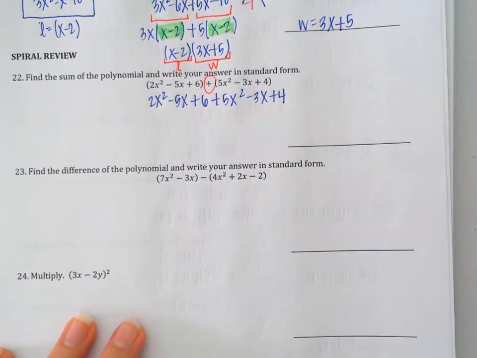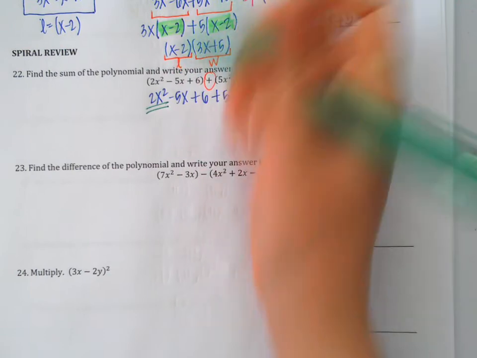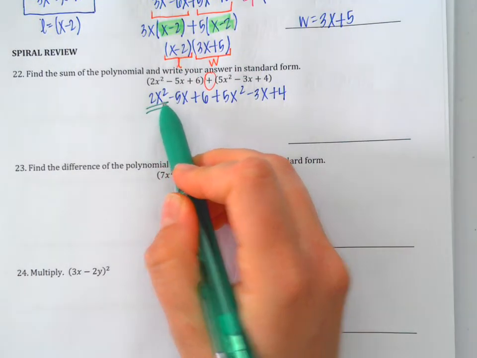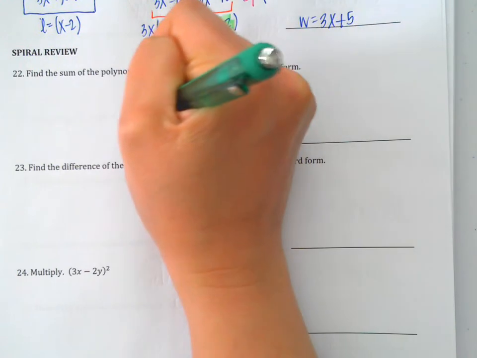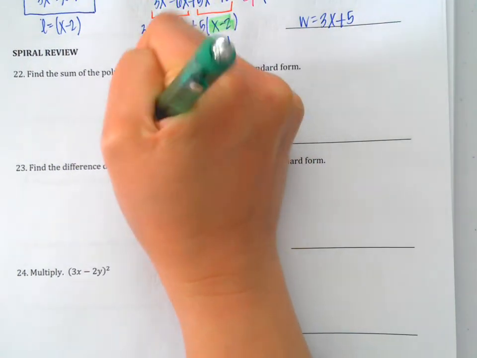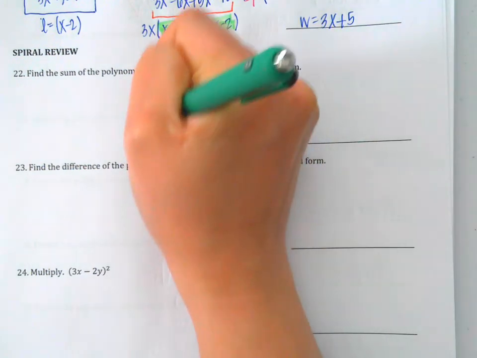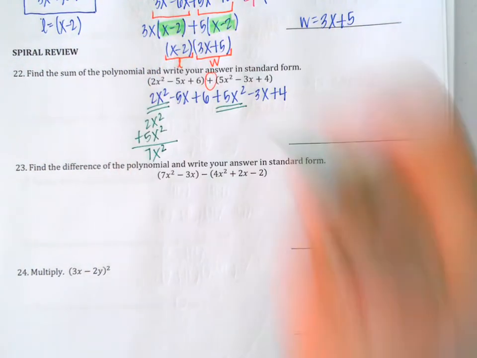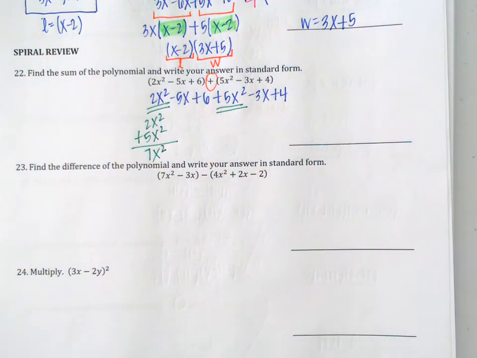So then I combine what is the same. Remember, like terms have to have the same variable with the same exponent. So 2x squared, I look to see what else has an x squared, and that's 5x squared. So we add those together. 2x squared plus 5x squared gets me 7x squared. So we're only adding the coefficients in front.